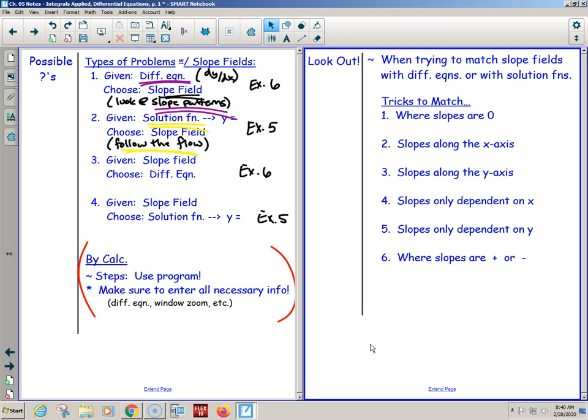If the slopes are 0, if the tangent lines are flat, then I know that dy/dx has to equal 0 wherever that's happening. If the slopes are along the x-axis, that means they're all going to be the same, or you're going to be thinking about when y is 0. Y-axis, thinking about when x is 0.